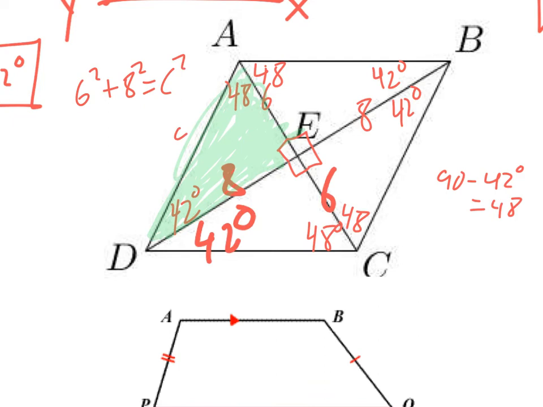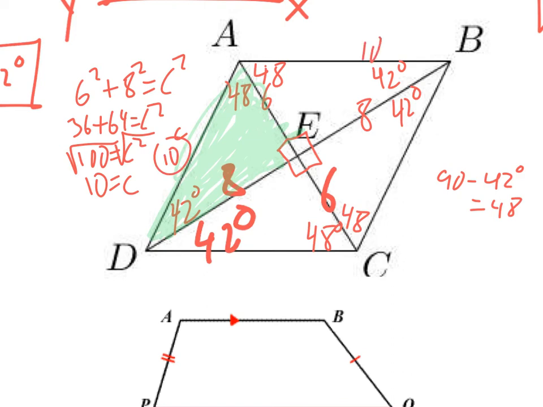C is the length of this side. 6 squared is 36 and 64, and that's 100. If we square root both sides, we get 10. So this is 10, and all the sides are 10 because it's a rhombus.